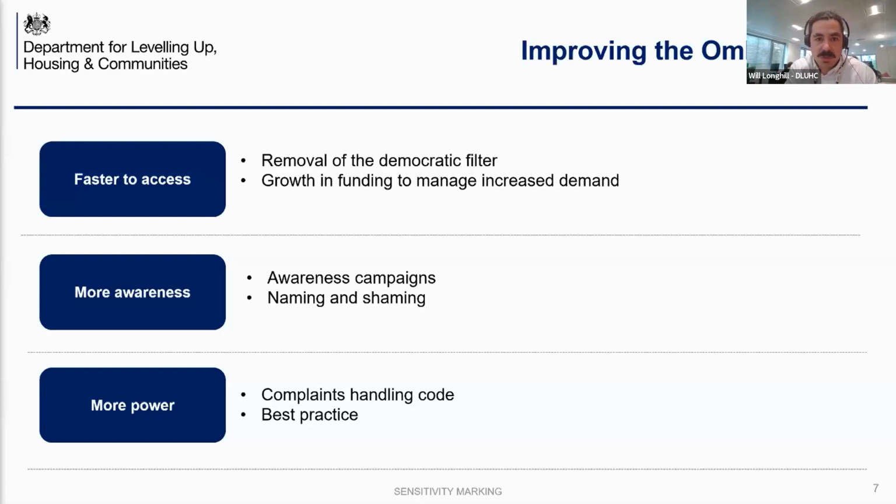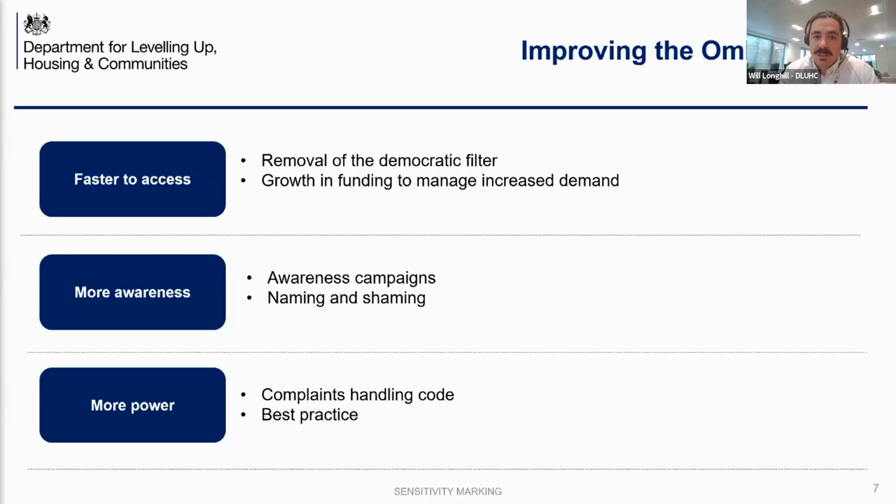So we've removed what was called the democratic filter, which meant that previously people had to wait a certain period of time after their complaint to complain to the Ombudsman or to go through their MP. We've removed that so people can go immediately to the Ombudsman for help. We've also allowed the Ombudsman to get a lot more funding, which comes from landlords themselves, to make sure they can manage the increased number of people who want their services.